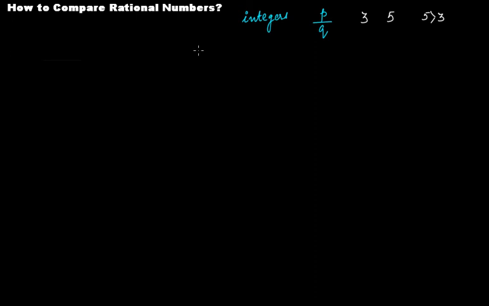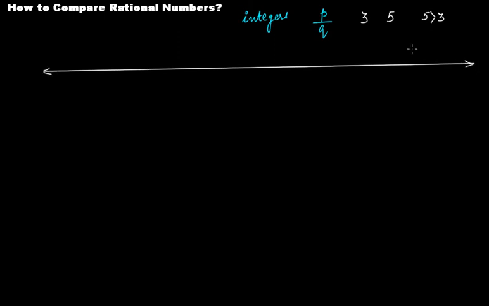So if you represent this on a number line, let's say this is a number line, and let's say this is the mark of 0, and 1 comes here, 2 comes here, 3 comes here, 4 comes here, and let's say 5 comes here. So 1, 2, 3, 4, and 5.